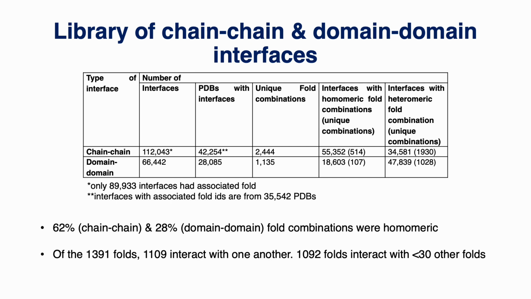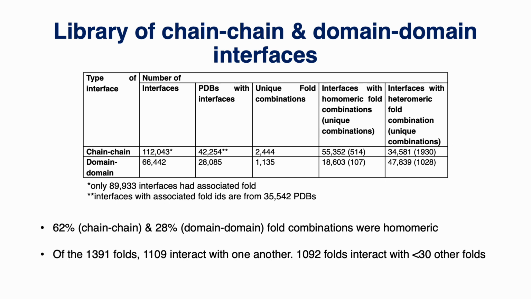The CATH database has about 1391 folds, out of which we have seen around 1109 folds which interact with at least another fold of the same or different type. Of these 1391 folds, around 1092 folds interact with fewer than 30 other folds.